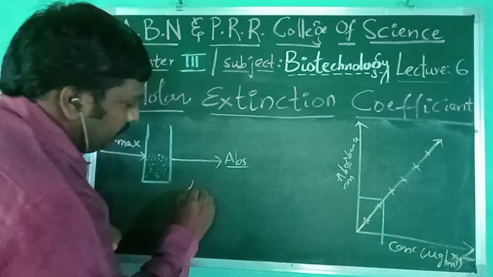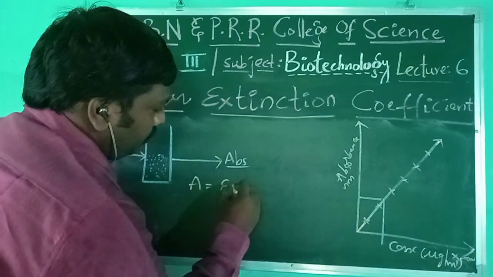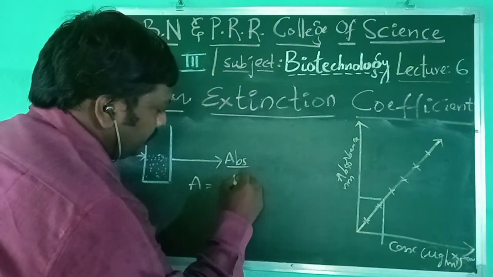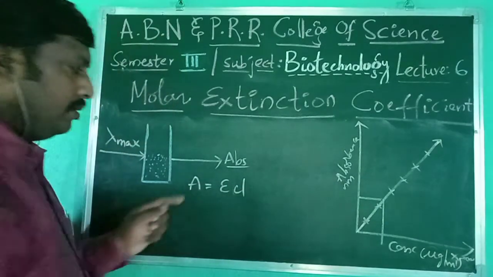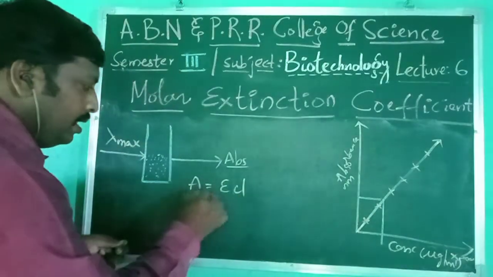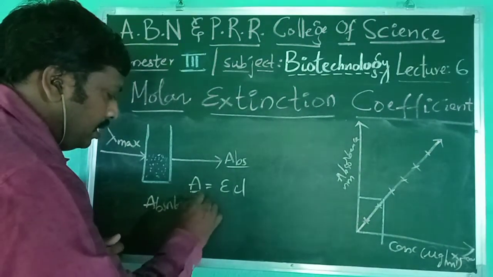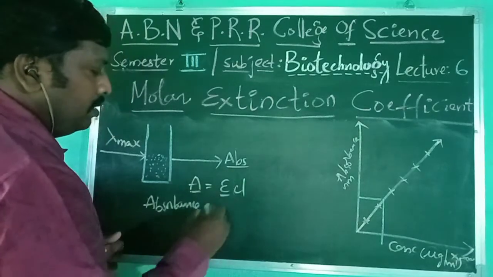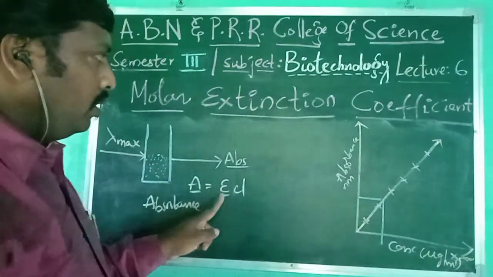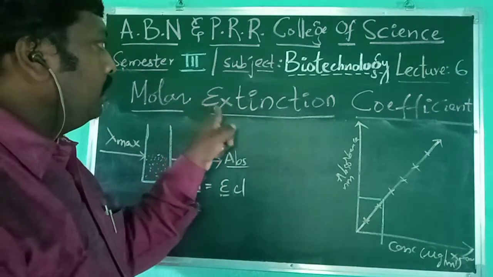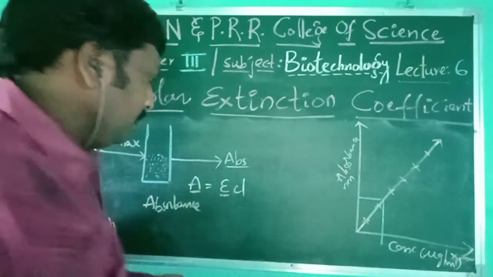This is measured by A equals epsilon C L. A is the absorbance. Epsilon is the extinction coefficient, the molar extinction coefficient or attenuation coefficient that we learned.